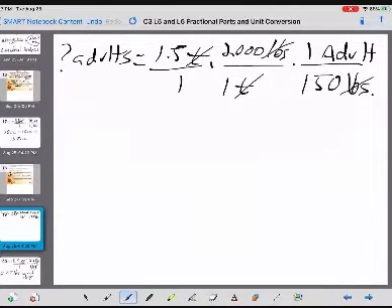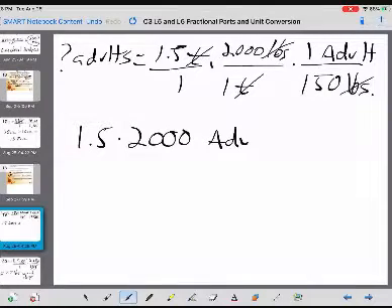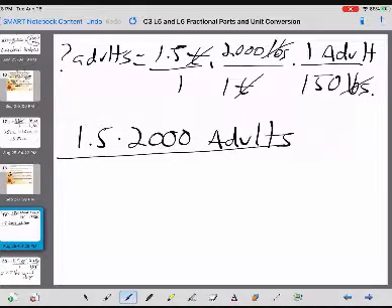What I do is 1.5 times 2,000, and then we have adults up here as our units, all over 150. Again, we have no units on the bottom because that canceled. So 1.5 times 2,000 gives us 3,000, divided by 150. That's going to give us 20 adults.